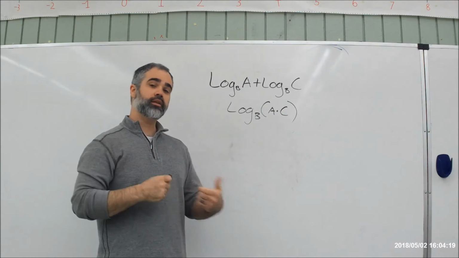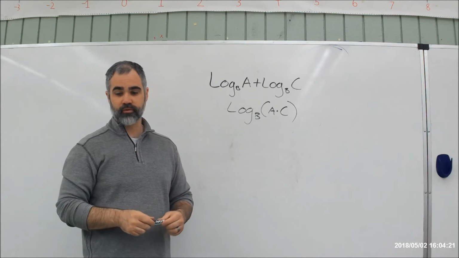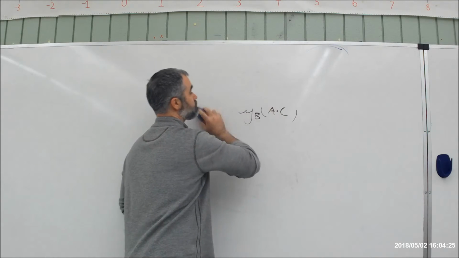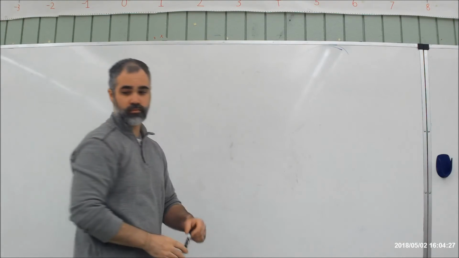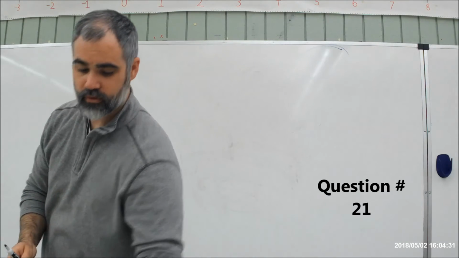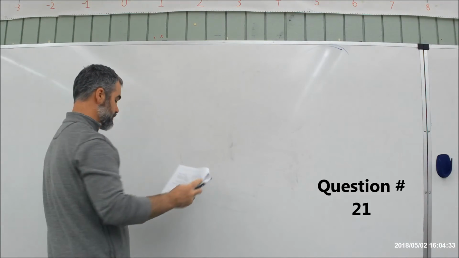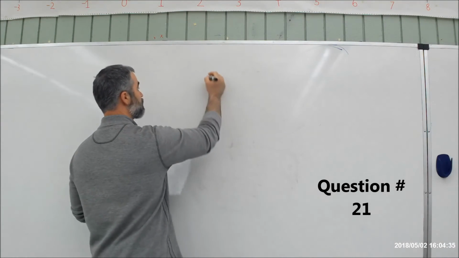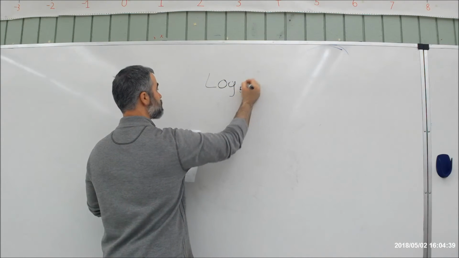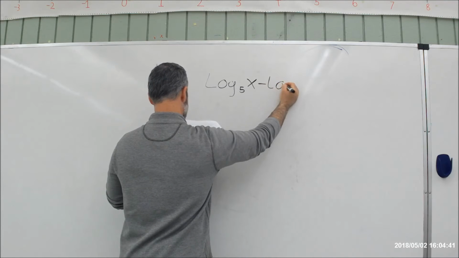All right. The other thing that you'll see on this same kind of question is a subtraction problem. So you'll see number 21 is a subtraction problem. This has a couple other pieces to it, but I'm going to start with the simplest case first. We're just going to subtract.